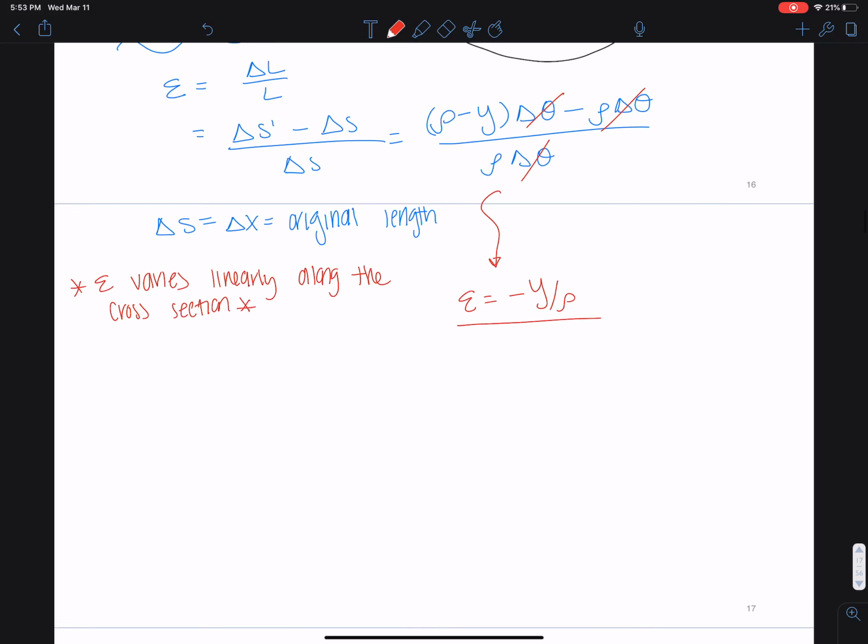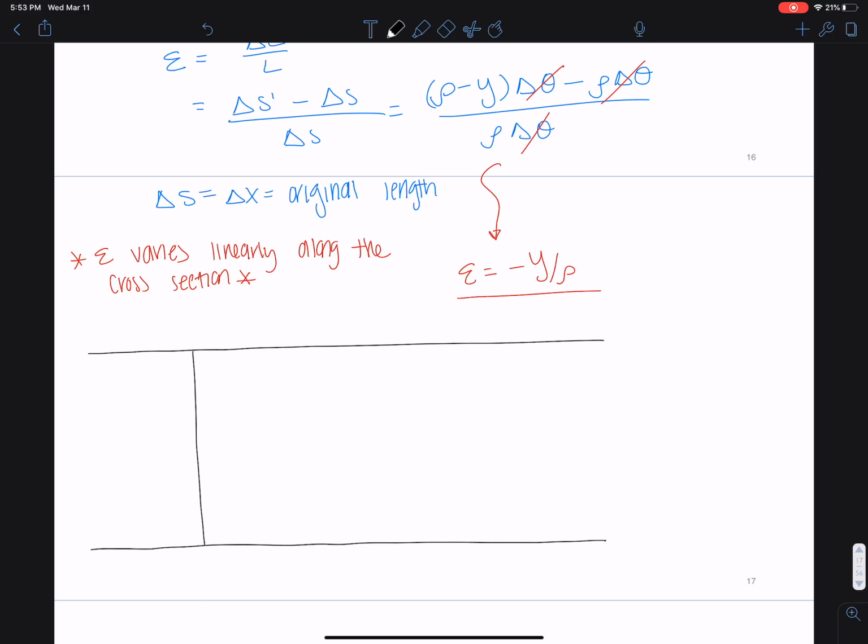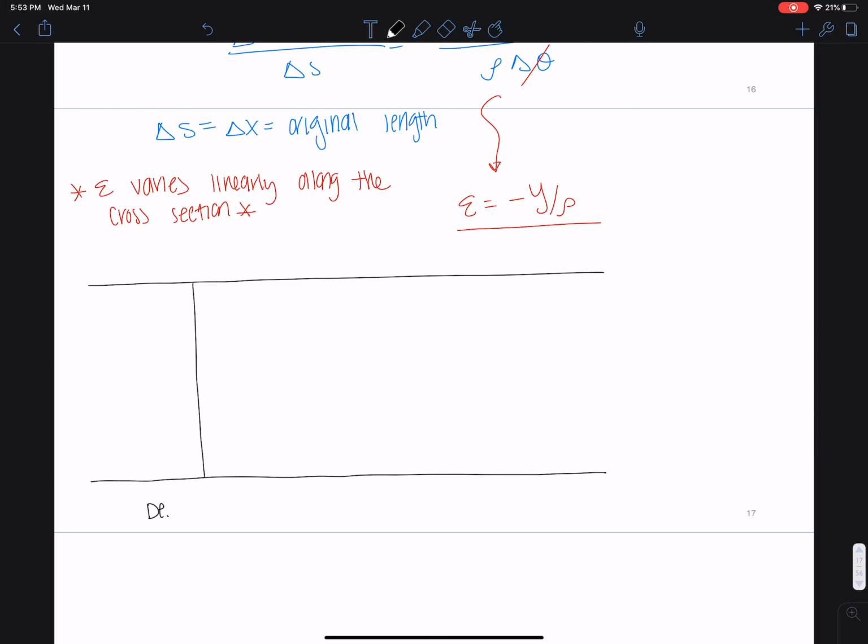Okay, so what does that look like if we're going to draw it out? Okay, let's get this set up here. Let's start by drawing the deformation.